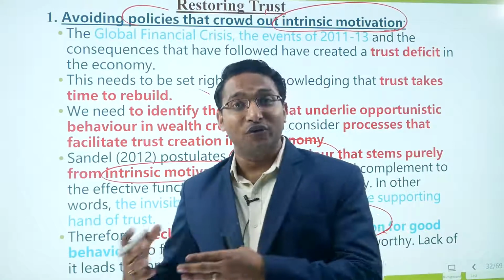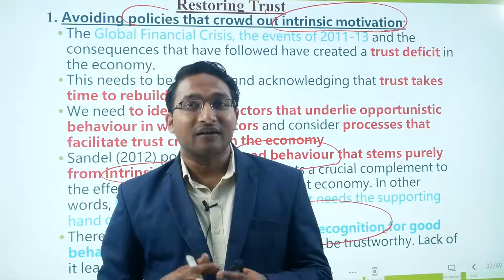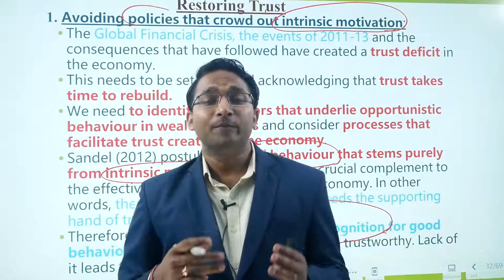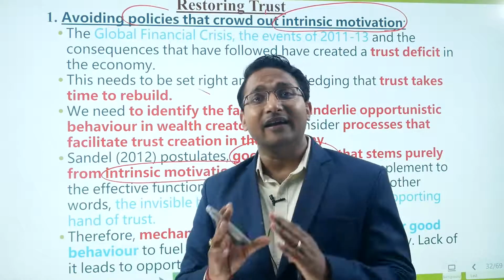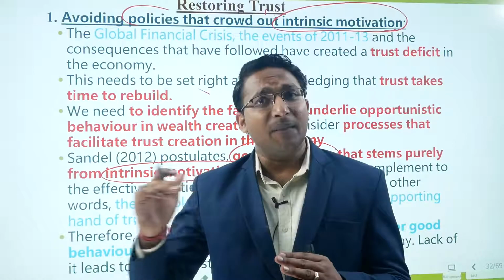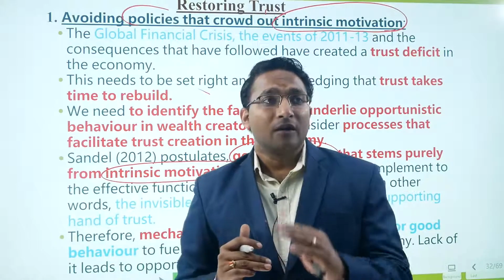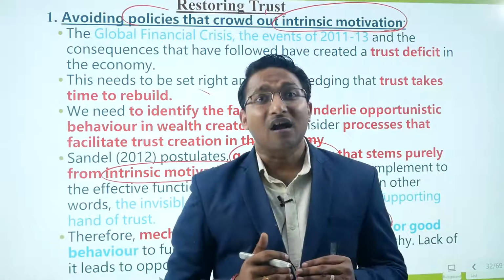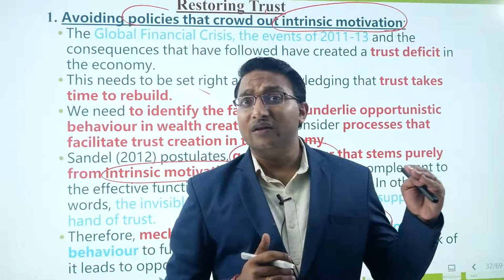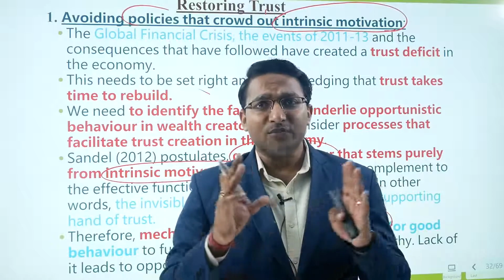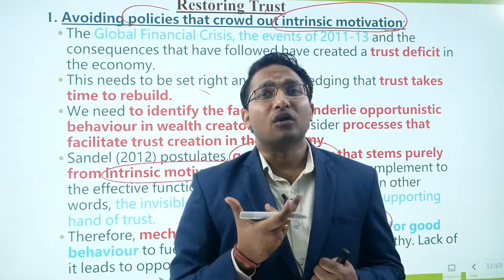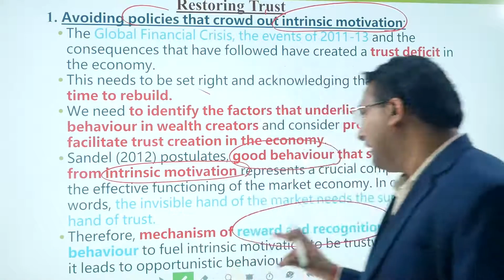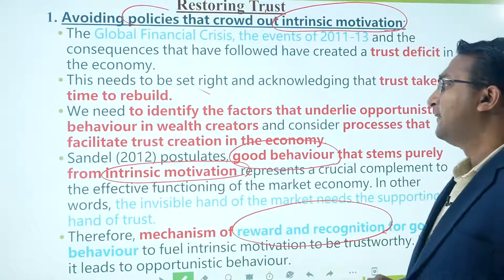So people donate so that other people can know that there are some people who donate for the cause of others. Similarly, if we reward and recognize those people who are giving up their subsidies, who are contributing to the Prime Minister Relief Fund, who are following the rules and regulations, the companies which are doing good in corporate governance, all these practices will promote the good image of the people, and it will promote the intrinsic motivation, right?